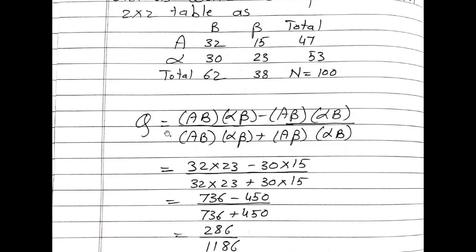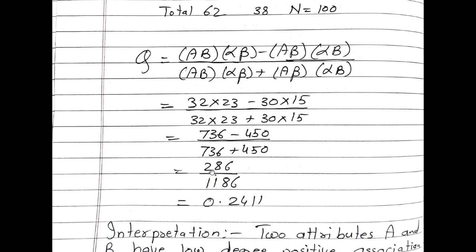So Q is equal to frequency of AB into frequency of alpha beta minus A beta into alpha B divided by AB into alpha beta plus A beta into alpha B. So which is equal to 32 into 23 minus 30 into 15 divided by 32 into 23 plus 30 into 15, which is equal to 736 minus 450 divided by 736 plus 450, which is equal to 286 divided by 1186, which is nothing but 0.2411.